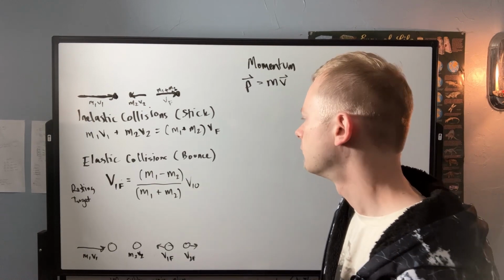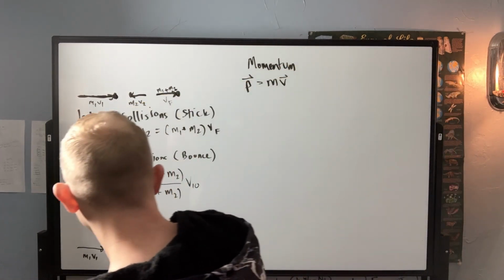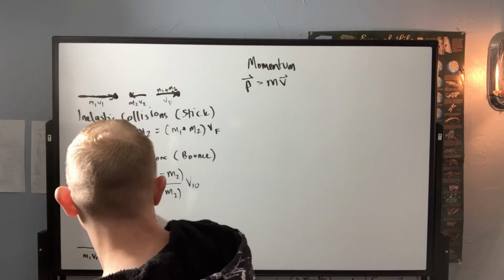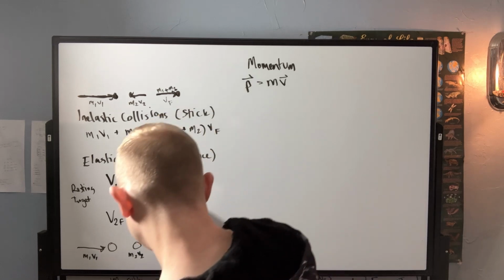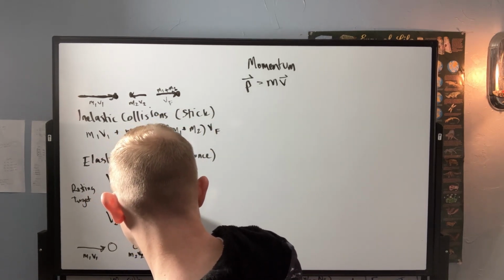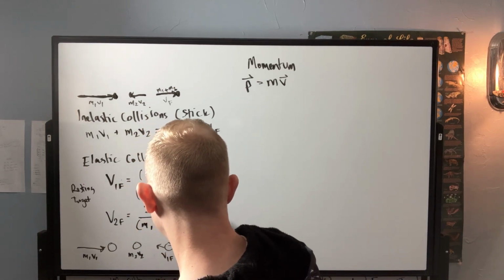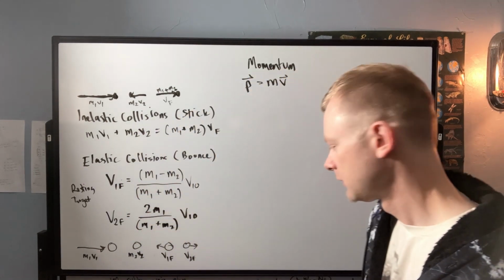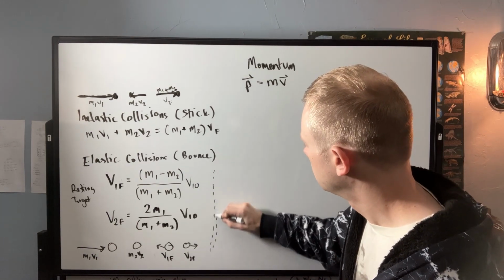This is going to be V1 initial. Great. So for the second ball, V2F, that's going to be this ball right here. This is going to be 2M1 over (M1 plus M2), V10. Alright, that's pretty easy.